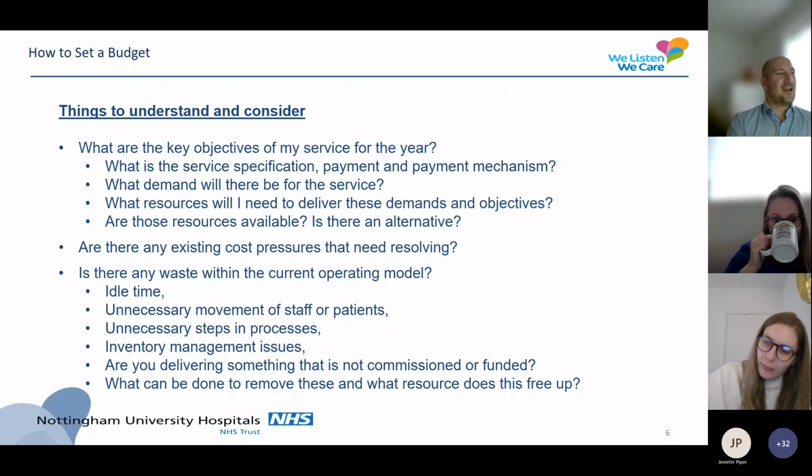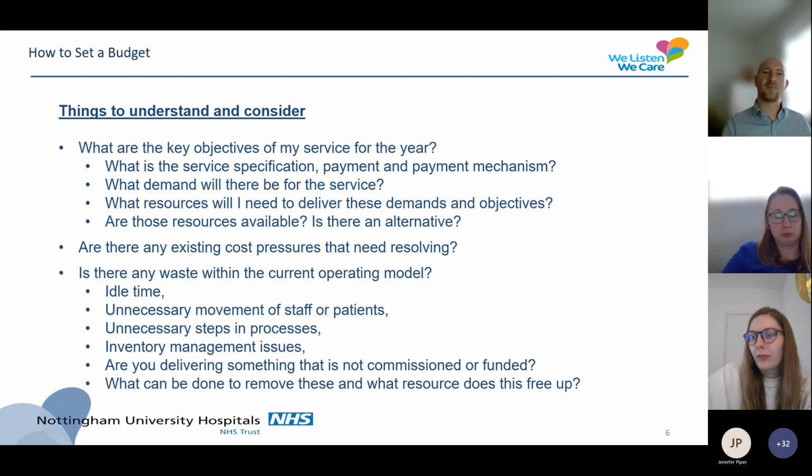So in terms of different types of waste, idle time. If you've got either patients or staff having to wait around in between steps in the pathway, trying to identify how we can cut those out. Clearly unnecessary movement of staff or patients, something that the productive ward rounds looked at quite a while ago, making sure that you don't have unnecessary movement up and down the wards.